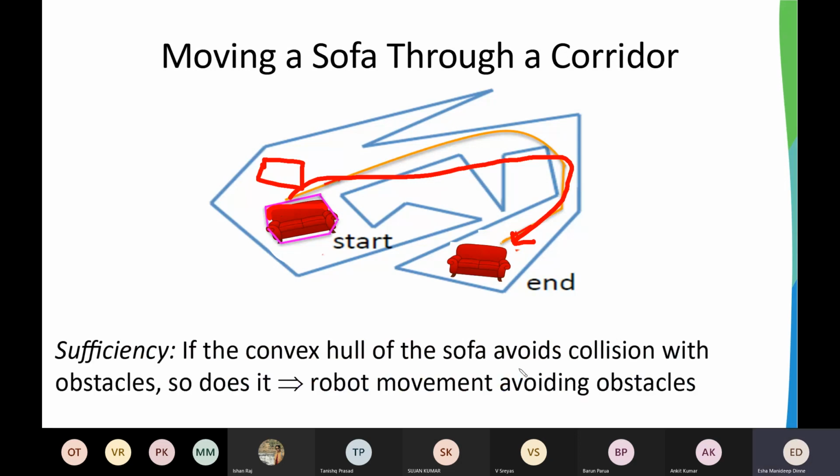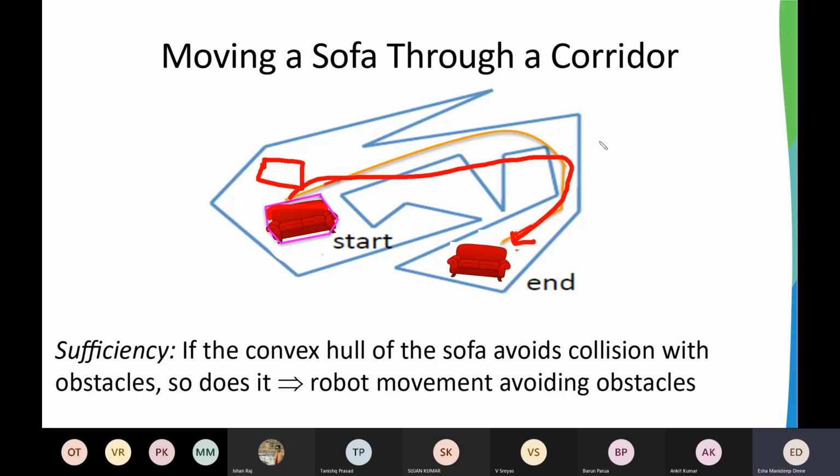If the convex hull of the sofa avoids collision with the obstacles, so does the sofa. This is not just for sofas. Let's say you have an obstacle course and you want your newly designed bot to move through it. This is also implemented using convex hull.